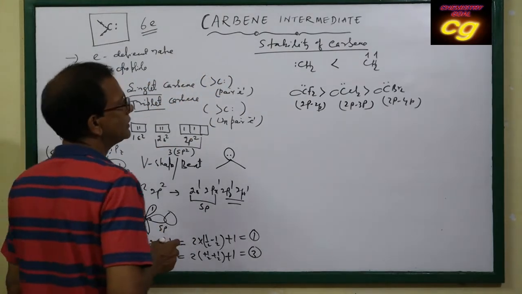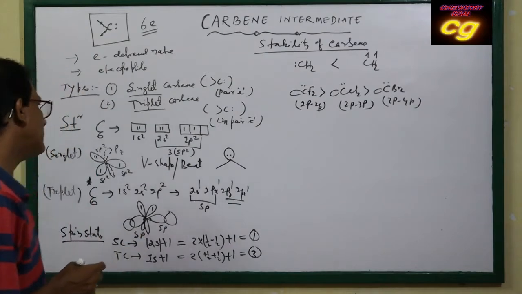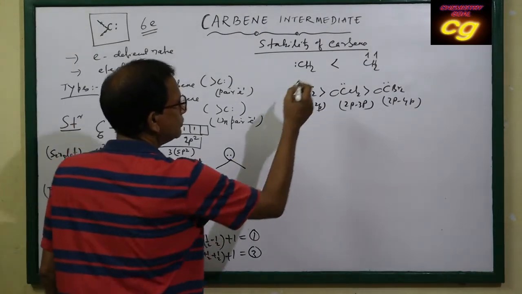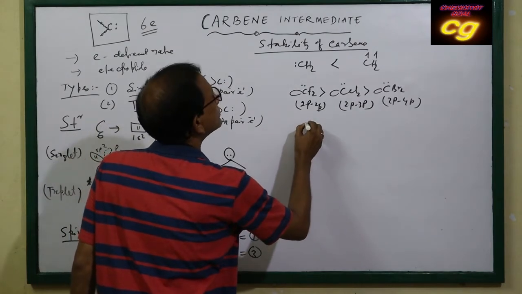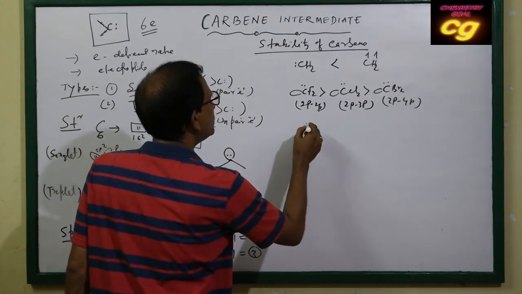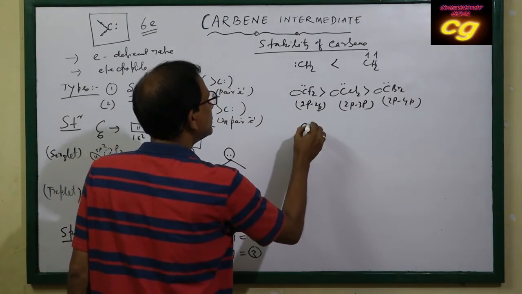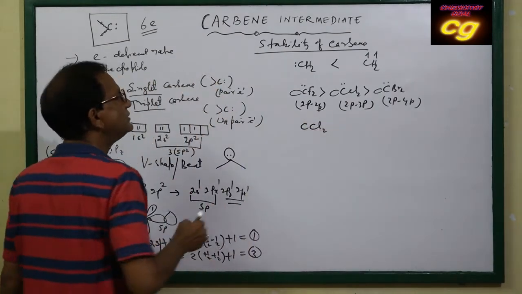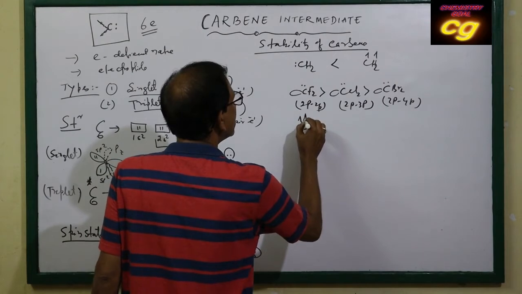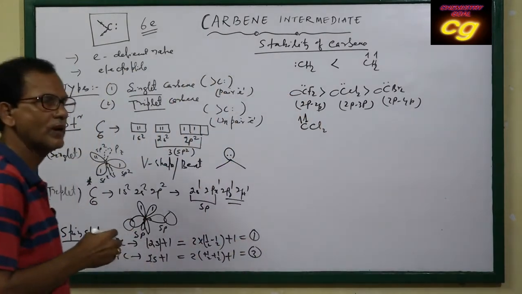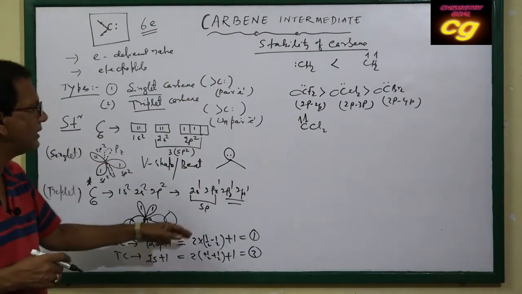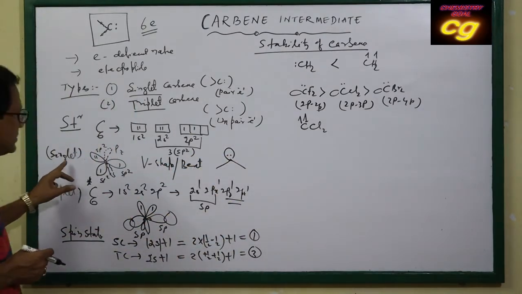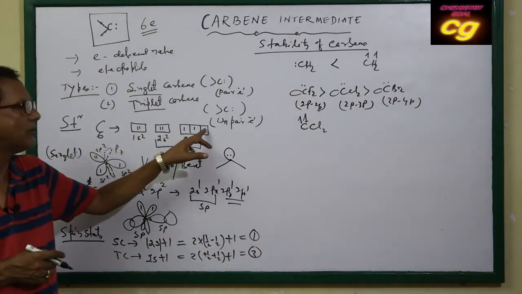But if you see the triplet carbene, suppose CCl2 in case of triplet carbene, here it also has no vacant orbitals, but singlet carbene has one vacant orbital available.